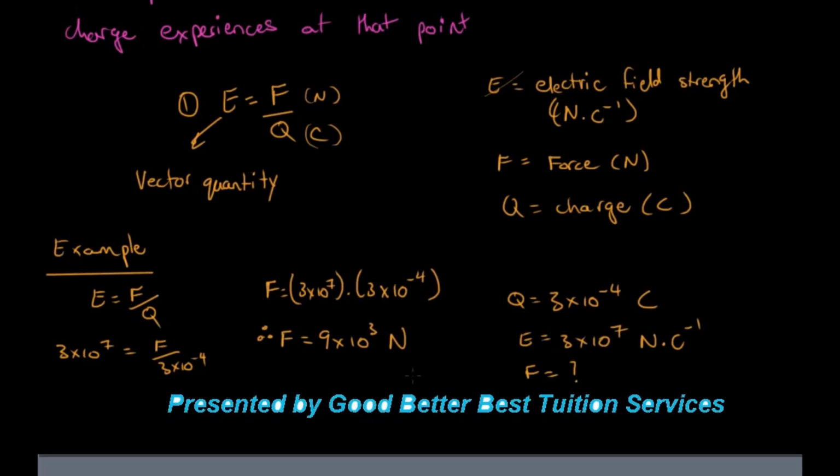So this is electric field strength, the first formula. But there is another formula. What happens if you only want to know what the electric field strength is at a certain distance from a charge?